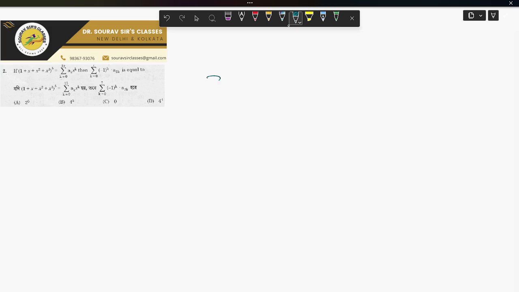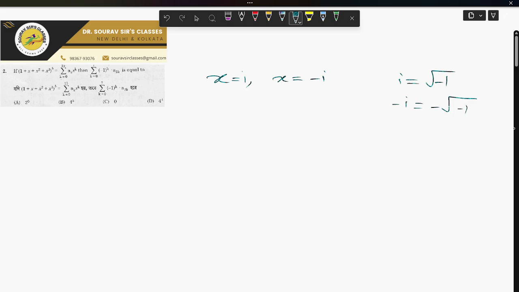Let us substitute x equals i and x equals minus i. We know that i is equal to root over minus 1, and minus i is equal to minus root over minus 1. So why are we putting that? Then it will be easier to see. Okay, first let us put it in the given question.